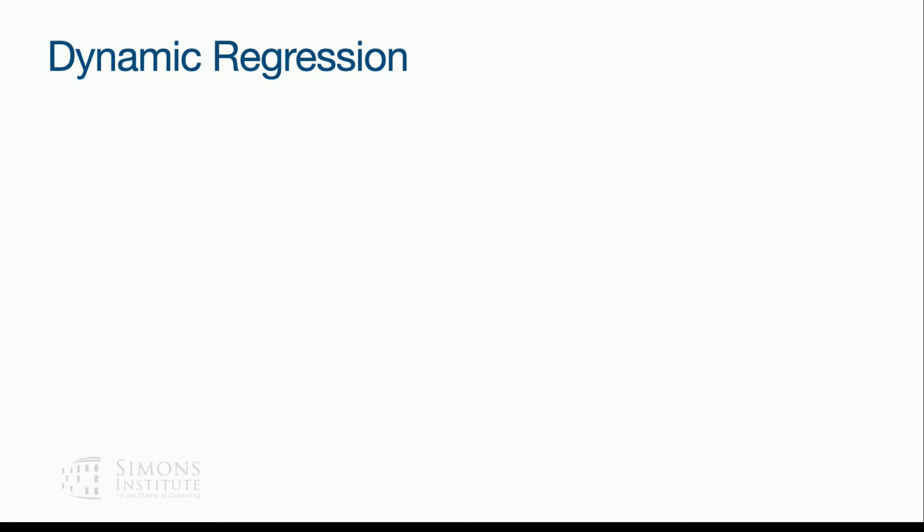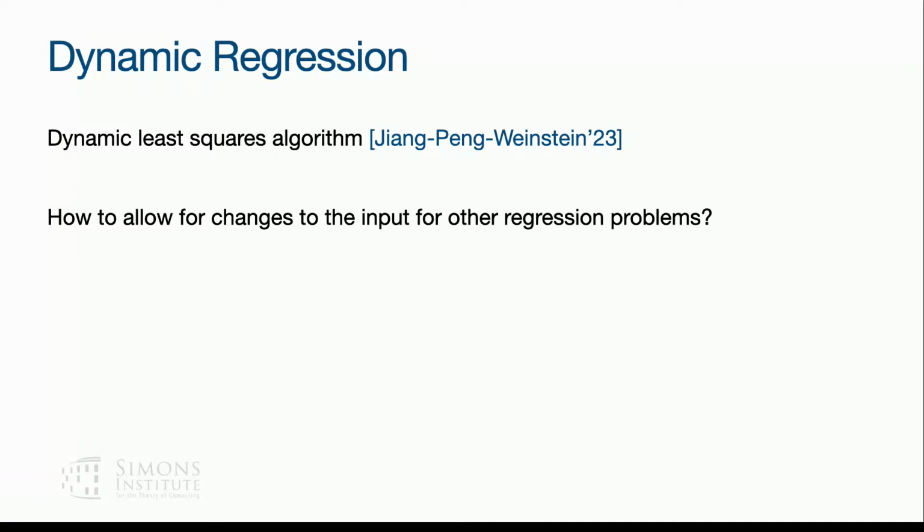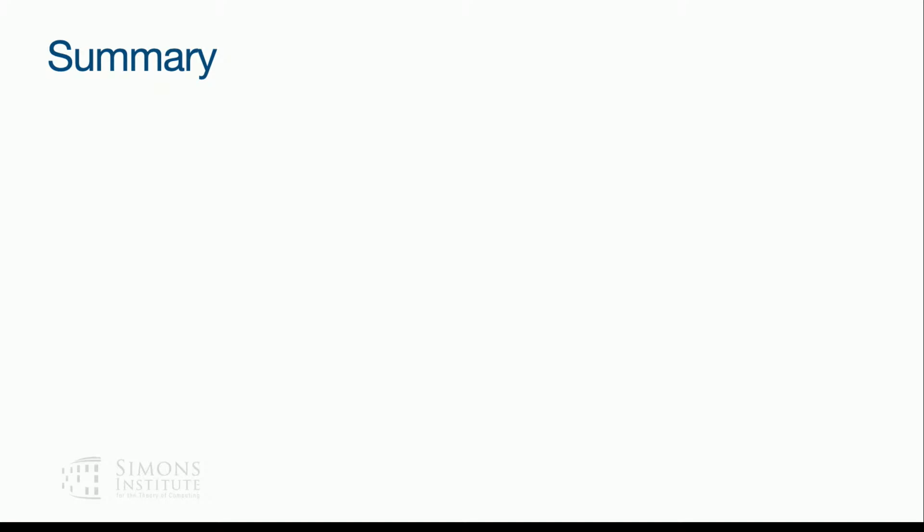And the next talk is going to be about dynamic least squares. We know how to do some things for dynamic least squares regression, but in terms of changing inputs, we don't know much about any other regression problems so far. So it still remains open.